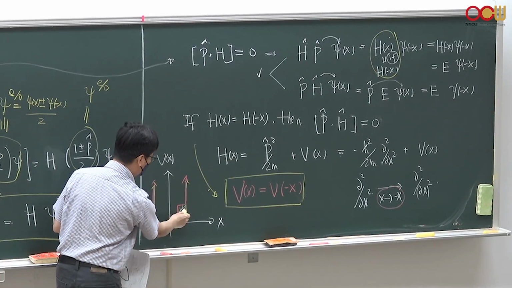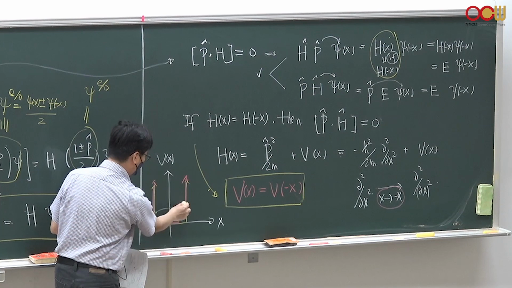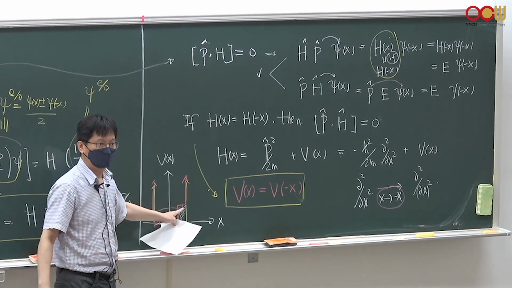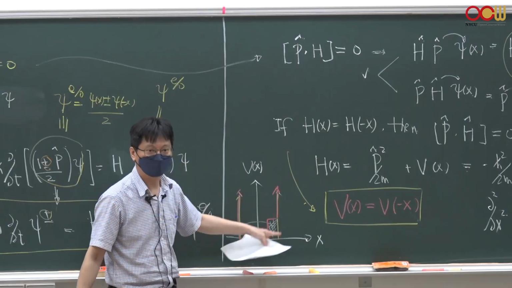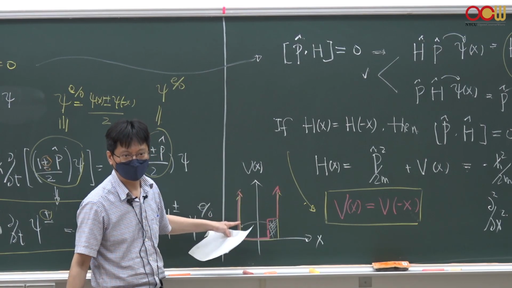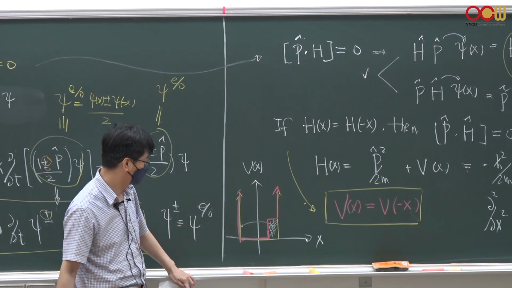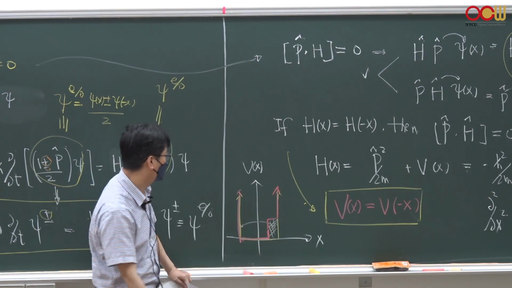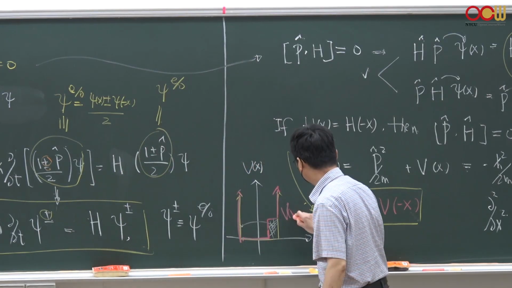Okay, so if I make the mirror symmetry, this potential profile on the right in this missing area will not match that on the left. Okay, so in such a case, we don't have such a symmetry.